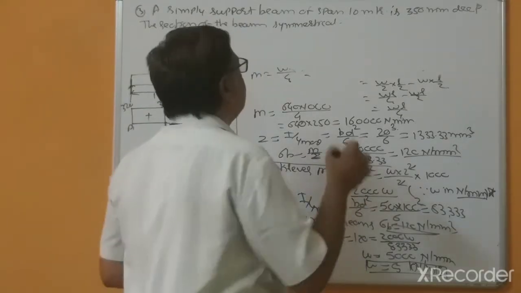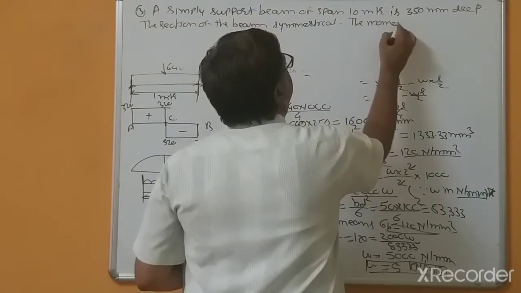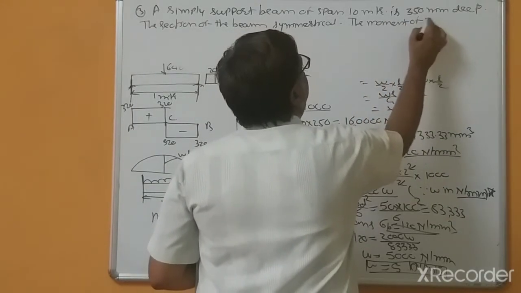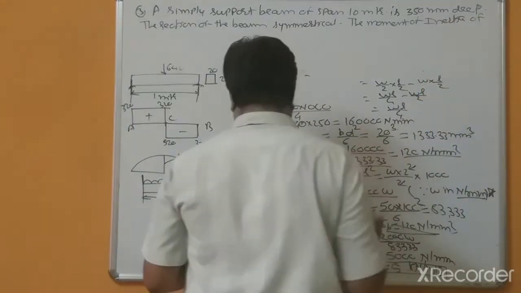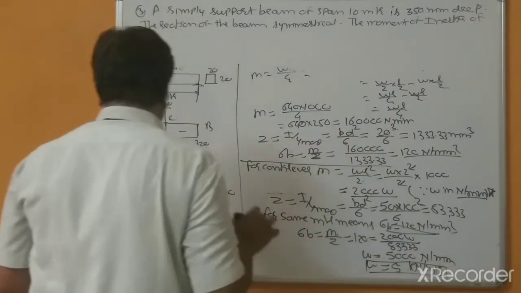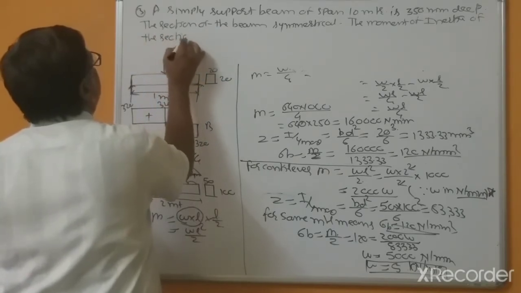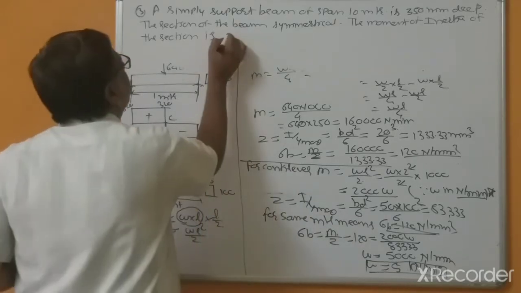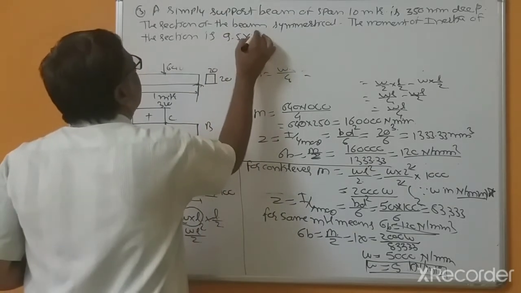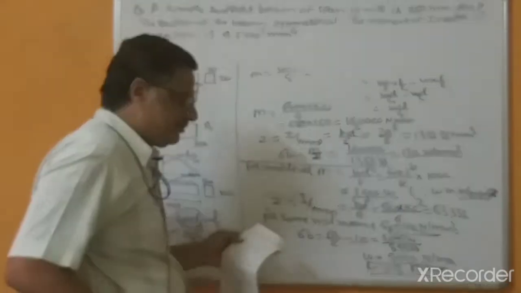The moment of inertia of the section is directly given: 9.5 into 10 to the power 7 mm raised to 4.